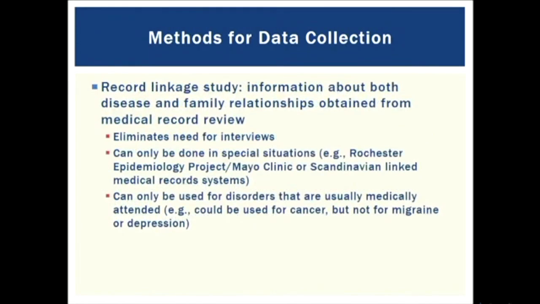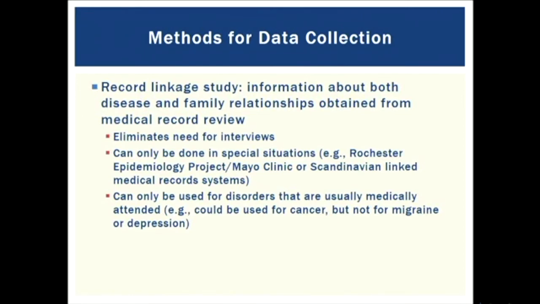A third design is a record linkage study. And here, information about both the disease and the family relationships can be obtained by reviewing linked, computerized medical records. So here you don't need to interview anyone.